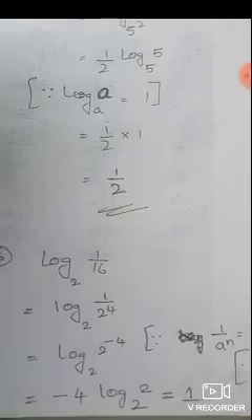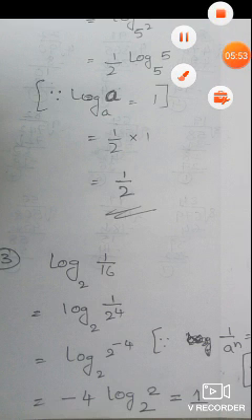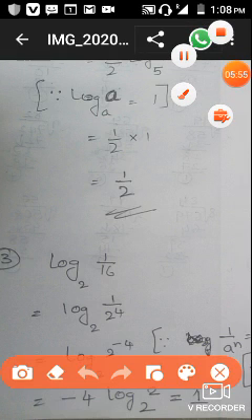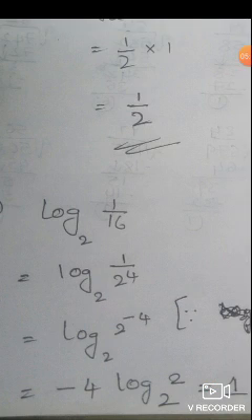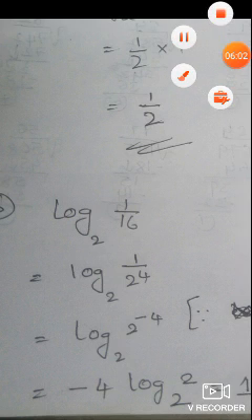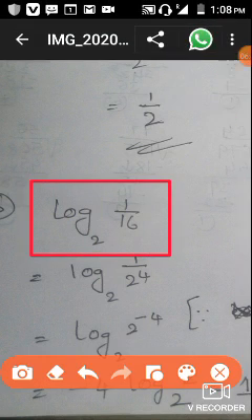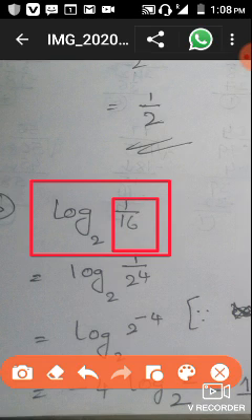Next, third question. So this is the third question: log 1 by 16 to the base 2. We can write this 1 by 16 as 1 by 2 to the power of 4.